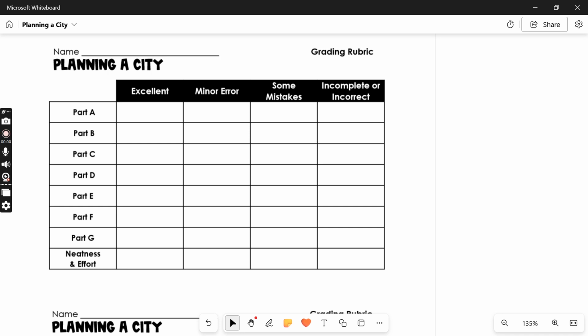Some mistakes would be like 3 or 4. Incomplete or incorrect gets you 0 to 2 points. Some mistakes, 3 to 5 points. Minor errors, 6 to 8 points. And then excellent, you're going to get 9 or 10 points there. So that's the rubric I'll be using to grade it.